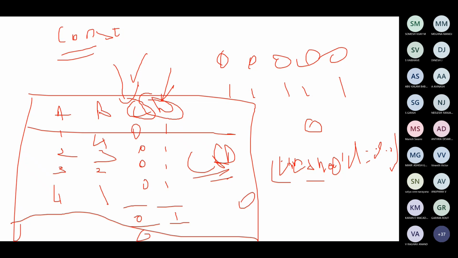This threshold you can change accordingly. So this is one way of feature selection.